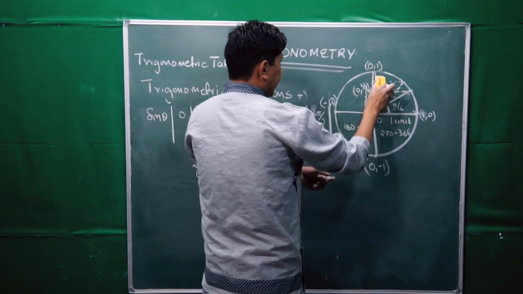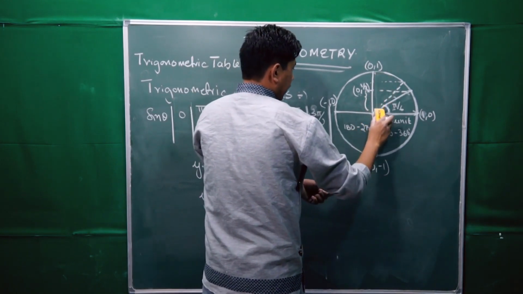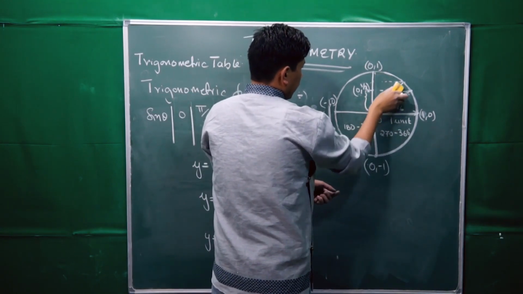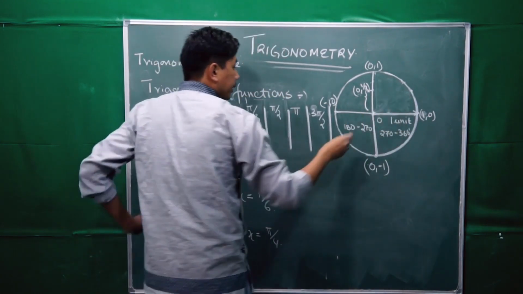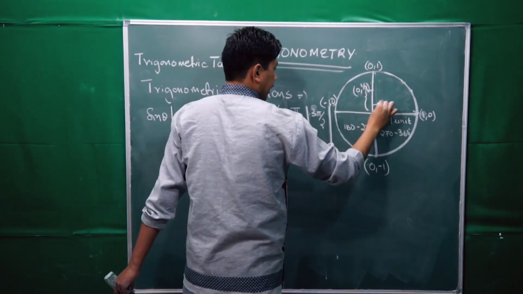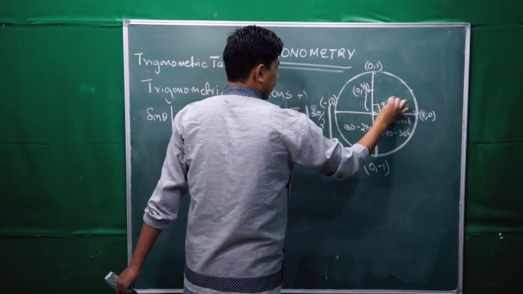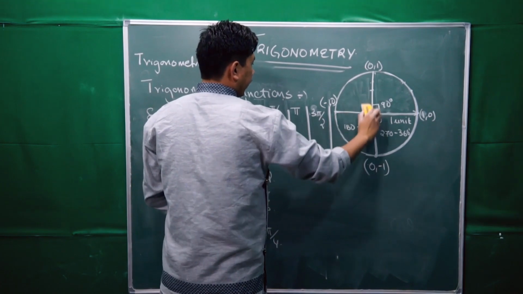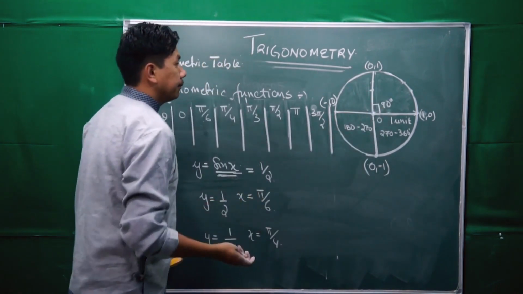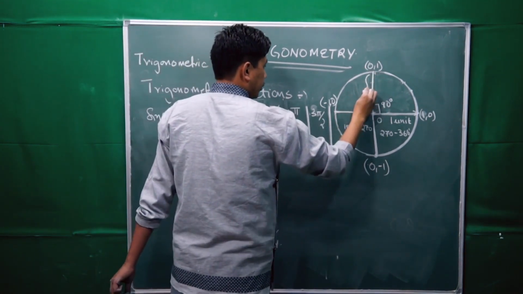Now at a certain angle, what is this angle? This angle is 90 degrees. So for 90 degrees, the length on the y-axis is maximum. By how much?